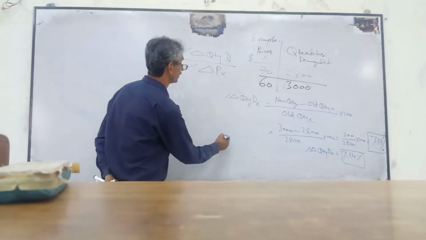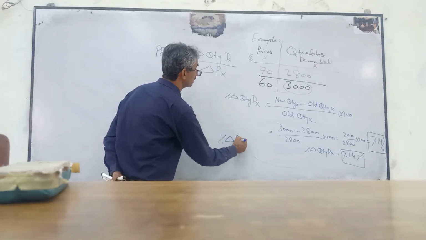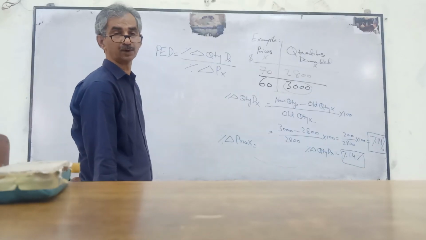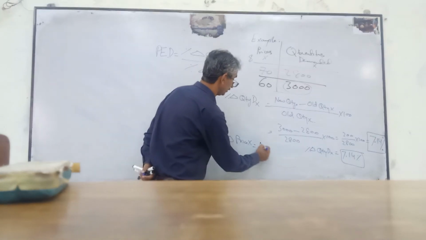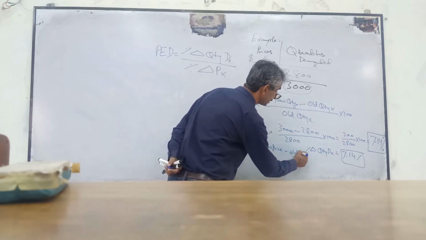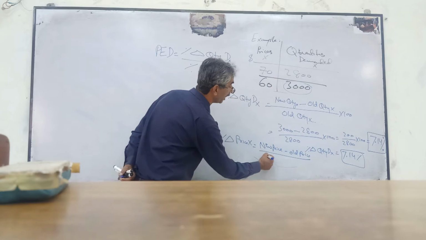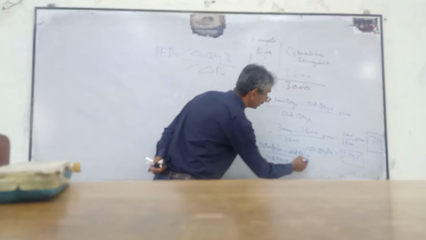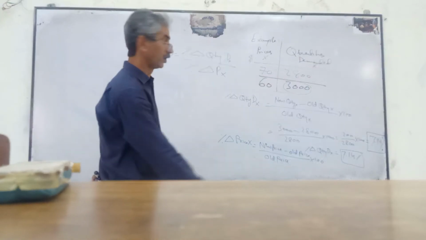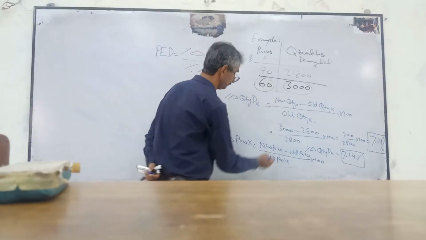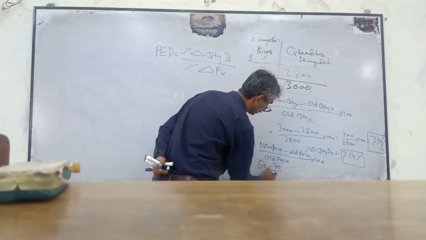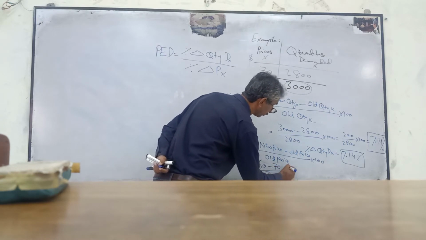Now we have to calculate the percentage change in price of X. To calculate it, we use the formula: new price minus old price divided by old price into 100. In this example, the new price is 60 minus the old 70, divided by 70, which is the old, into 100.